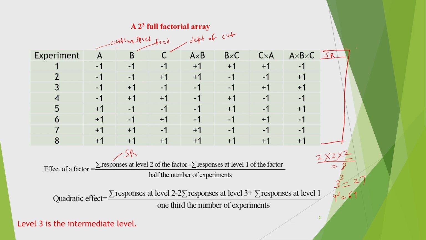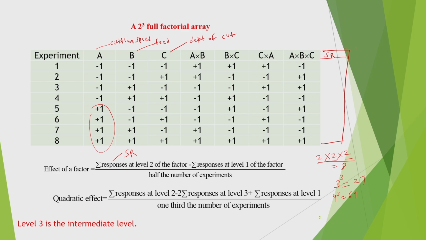If I want to see the effect of cutting speed on the surface roughness, at all low values of the cutting speed, I must measure the surface roughness and sum them. Similarly, at all high values of the cutting speed, I add the surface roughness and take the difference of both and divide by 4, because there are 4 high, 4 low. So this will give me the effect of a factor. So like that we can calculate this one.